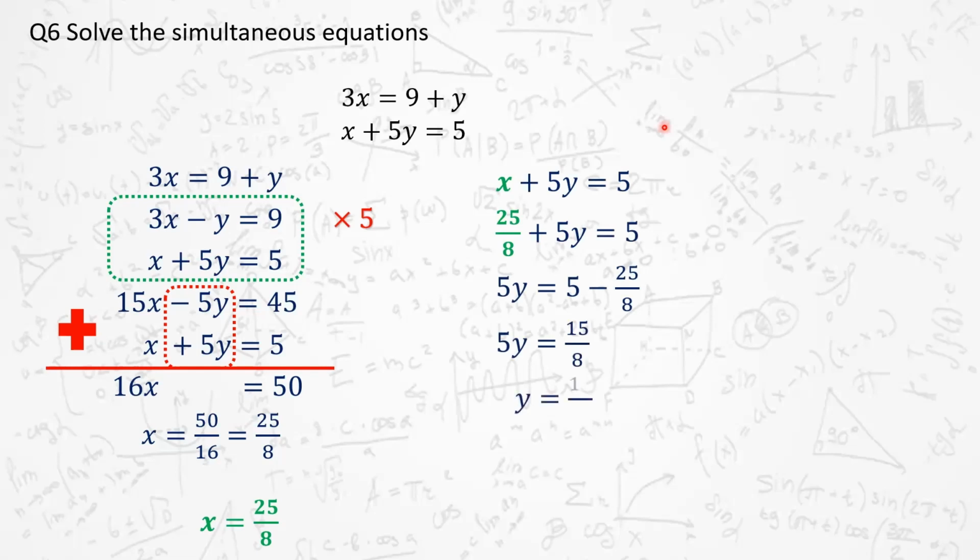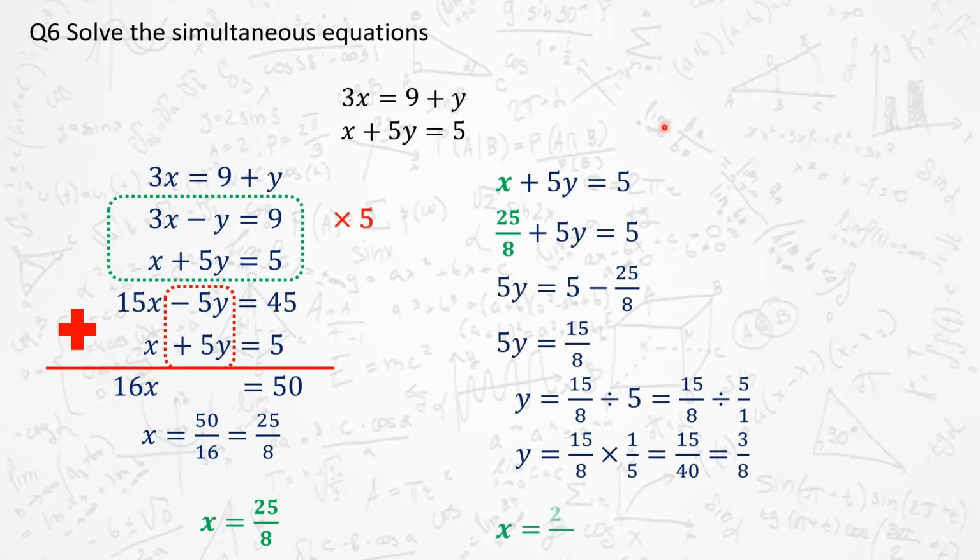So y equals 15 over 8 divided by 5, the same as divided by 5 over 1. Fraction division, turn 5 over 1 upside down. I have 15 over 8 times 1 over 5, which is 15 over 40, simplified to 3 over 8. So my final answers are x equals 25 over 8 and y equals 3 over 8.